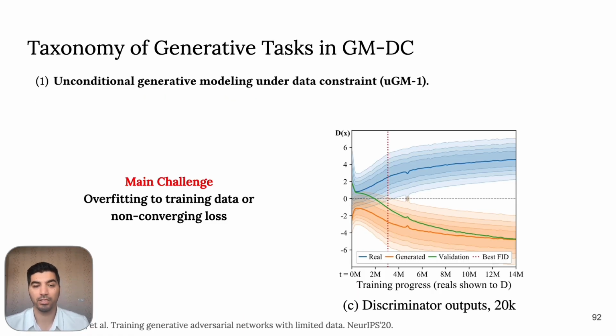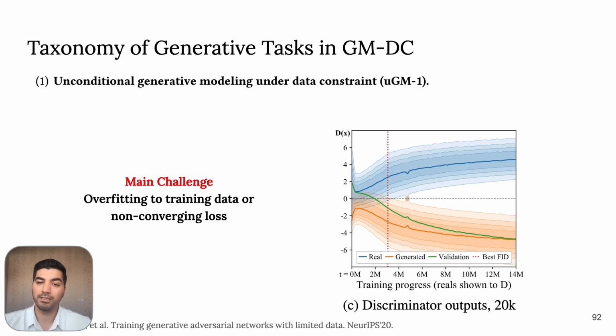The main challenge on this task is overfitting to training data or non-converging loss. As an example, here we have an analysis from ADA paper. They show that when we have 20,000 samples, the discriminator is being overconfident, which is an indication of overfitting.